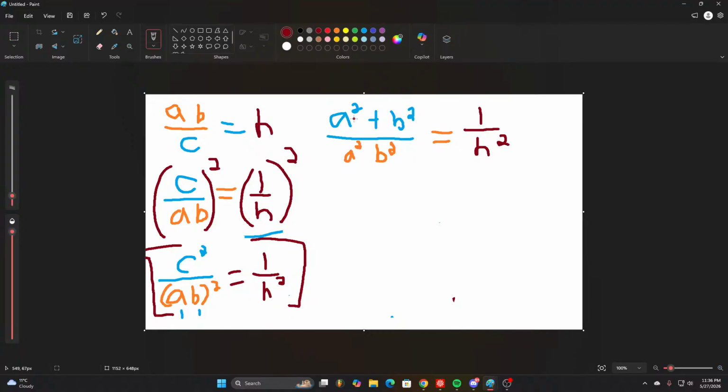Now we can separate and cancel out. What we end up getting is a squared divided by a squared b squared, plus b squared divided by a squared b squared, equals 1 over h squared.